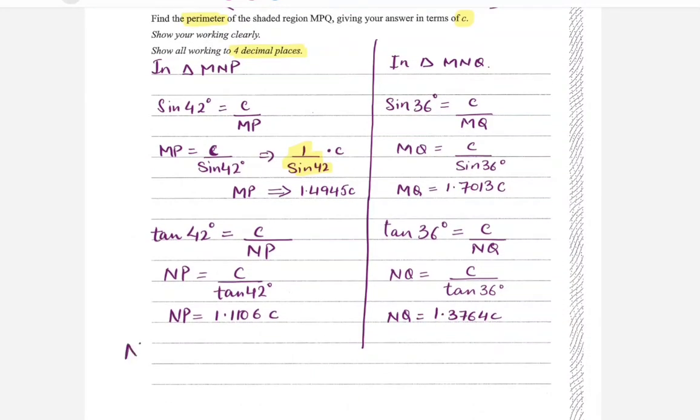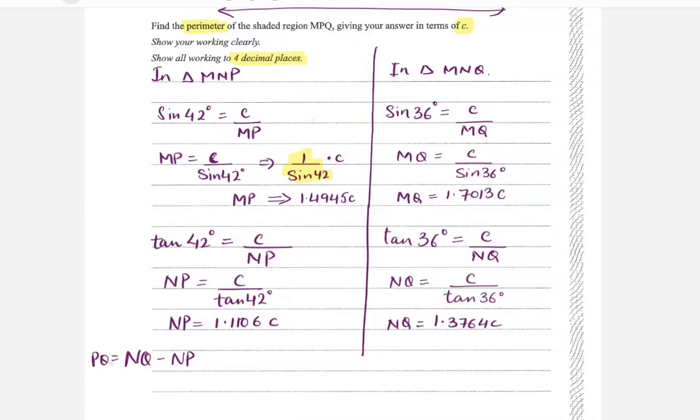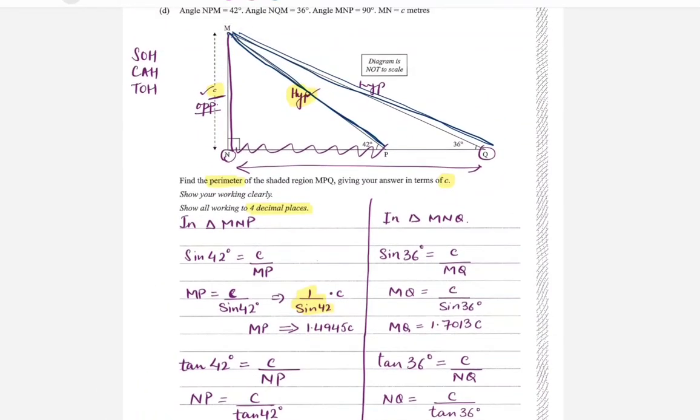So we are doing NQ, take away NP to get PQ, which is equal to 1.3764, take away 1.1106, and they both have C with them, which is equal to, so again, put that into the calculator, it will give you PQ is equal to 0.2658 C, right?